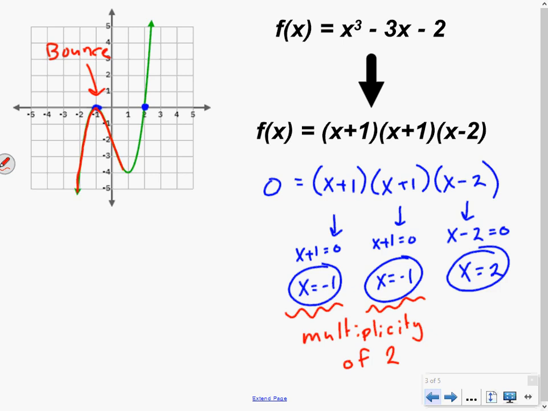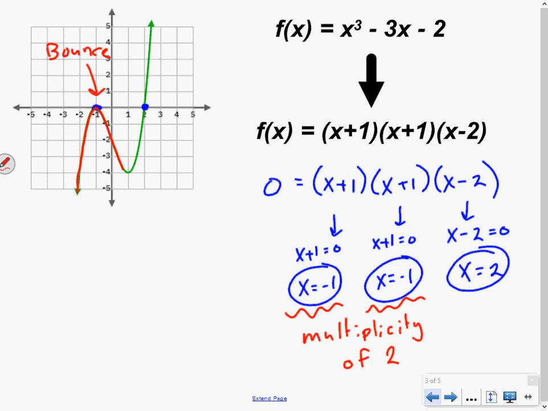So we're going to describe that as bouncing. It doesn't actually cross over the x-axis to the other side. It hits -1 on the x-axis, and it turns right back around. So that's what happens when you have an even multiplicity.